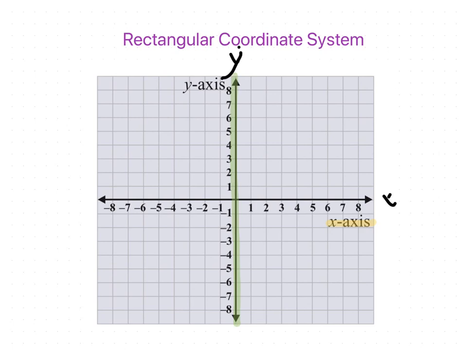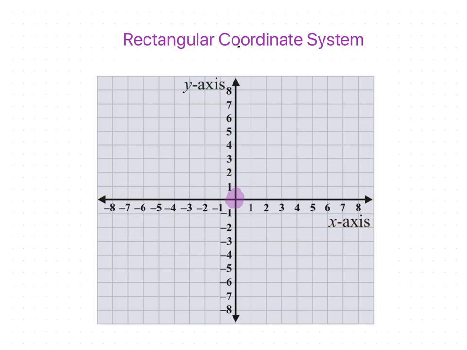So we have our x-axis and our y-axis. Our two number lines intersect at a right angle, a 90-degree angle, and they intersect where each of these lines is equal to 0.